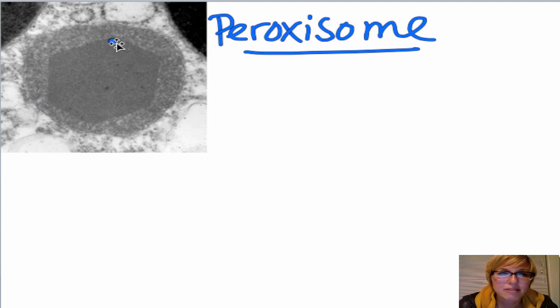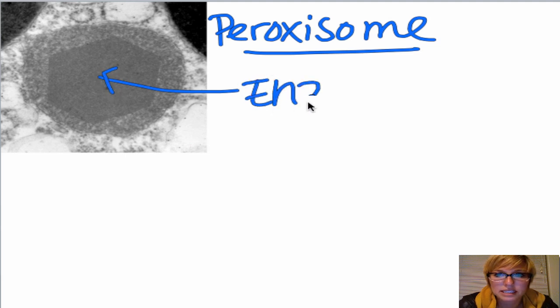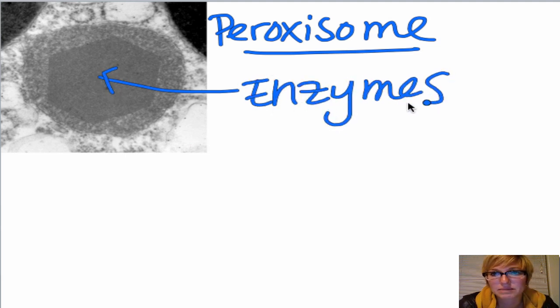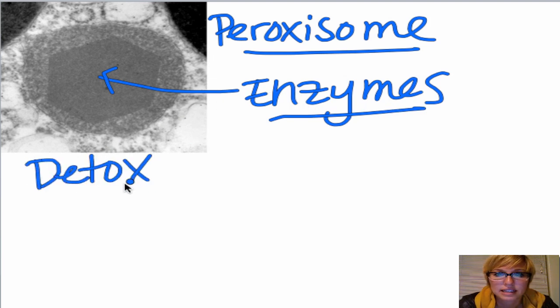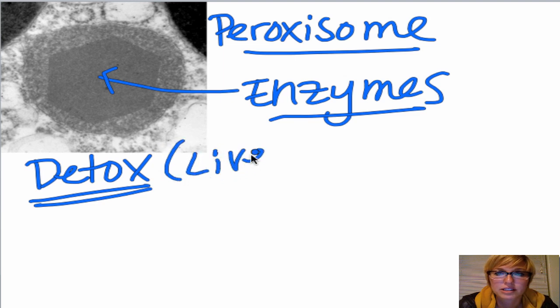When you have a TEM picture of them, they typically have a crystalline structure on the inside, and the crystalline structure is enzymes, just a ton of enzymes. And these enzymes specialize in detox. So you can guess what organ these are in. They are found in the liver. So if you're a drinker or drug user, you love peroxisomes because they are the ones that help detox your body from that awful stuff.